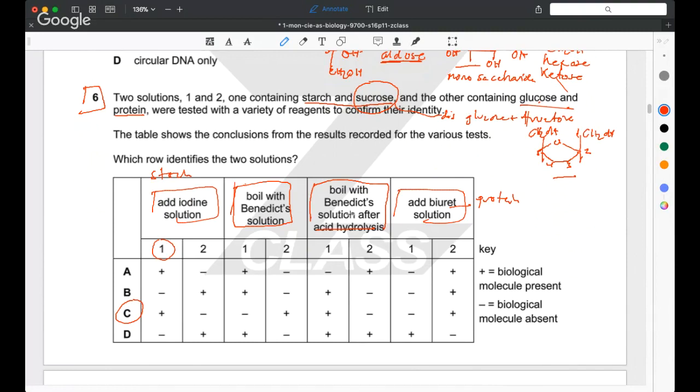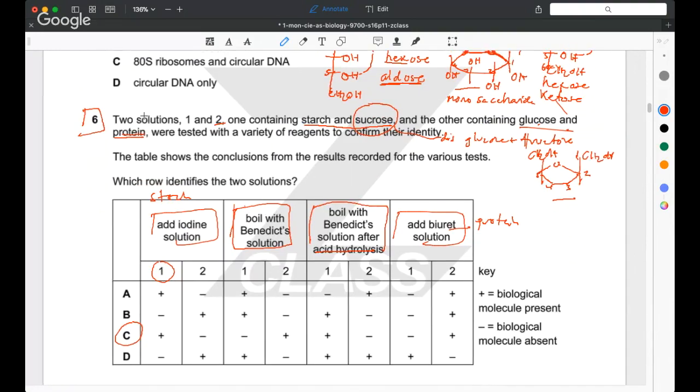And then this step here, that we do acid hydrolysis first, and then you test for the reducing sugar. So that would test for sucrose, wouldn't it? So that would be in solution number 1, which it is. And then finally, we're testing for protein here. And so that would mean there should be a protein in solution number 2. Solution number 2 is protein.